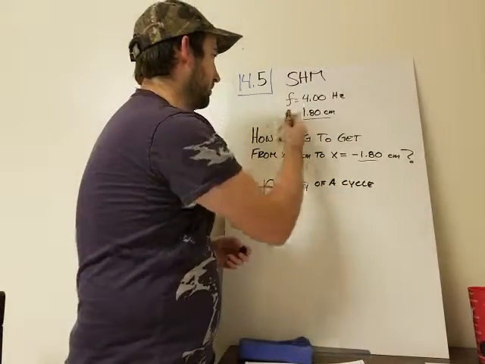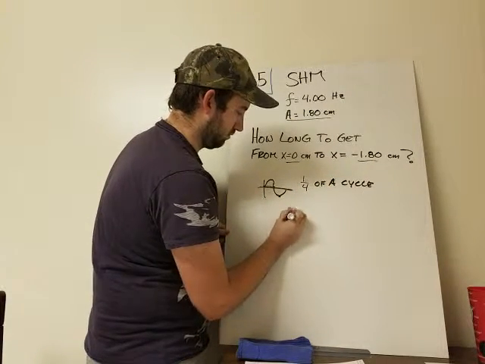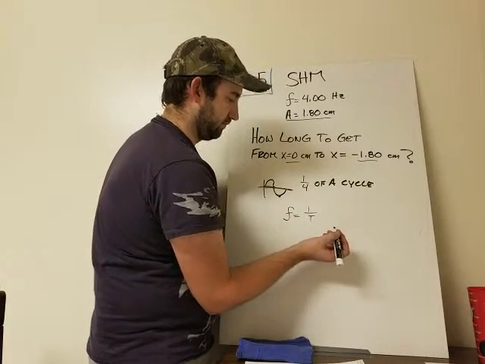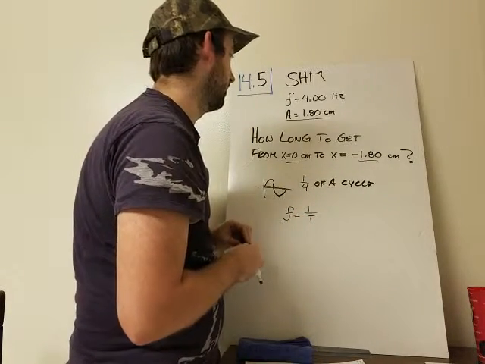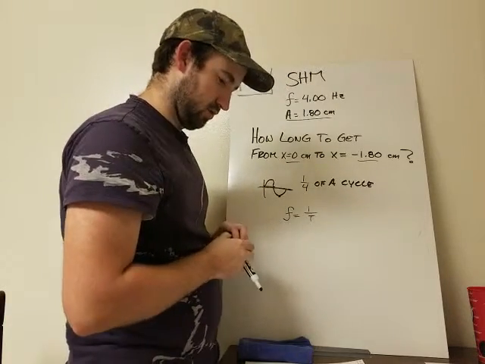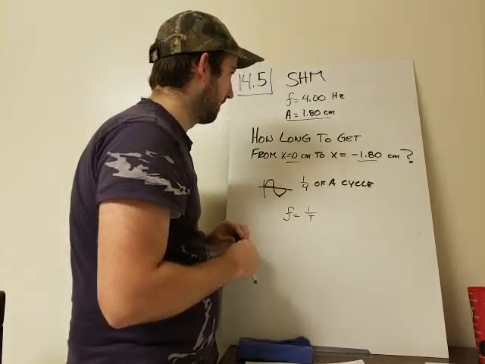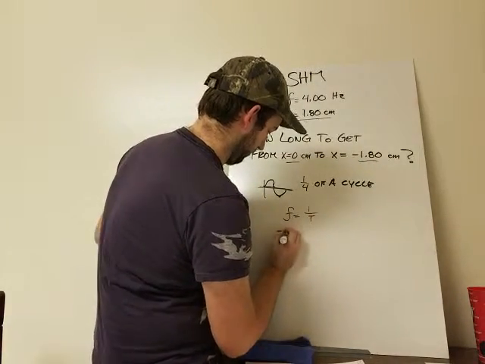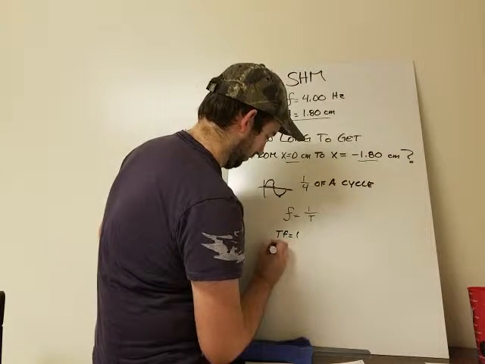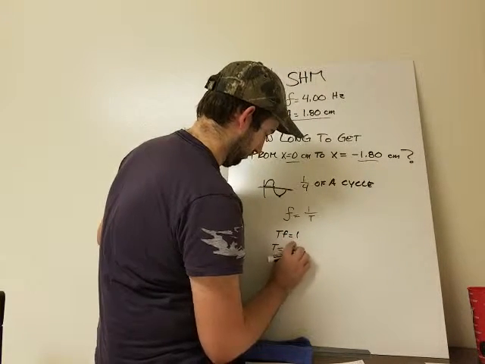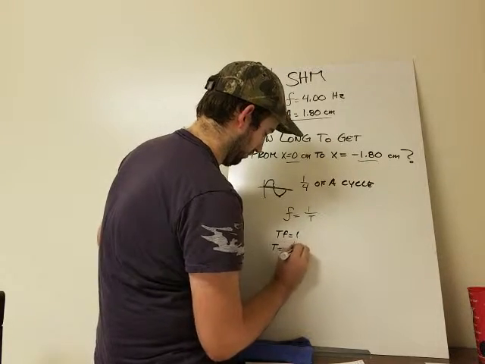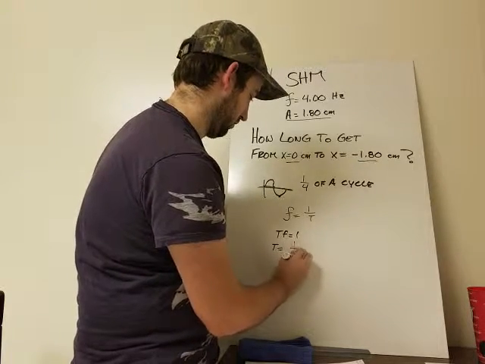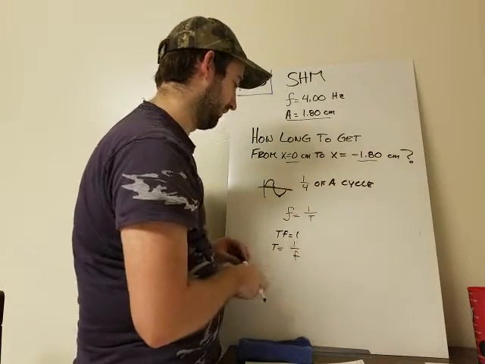And we know that the frequency is equal to 1 over the period. And so from this, if we multiply this over, we know that the period is 1 over the frequency.